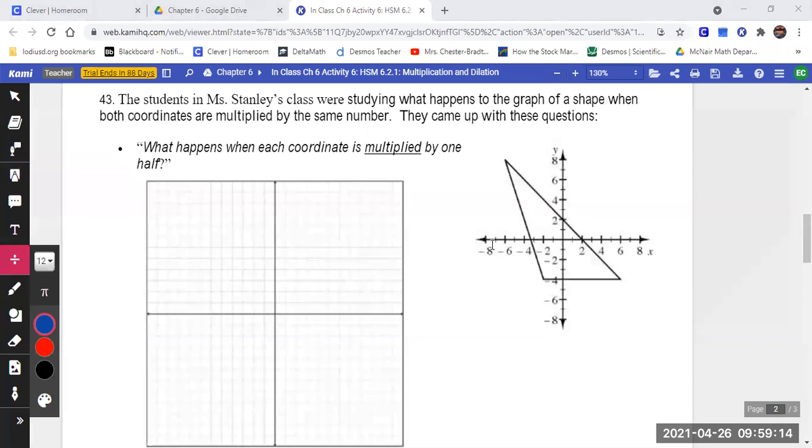So remember what just happened. Whatever we multiply by times by itself tells how much bigger or smaller. And with dilations, we can go smaller by multiplying fractions and bigger by multiplying whole numbers, okay?